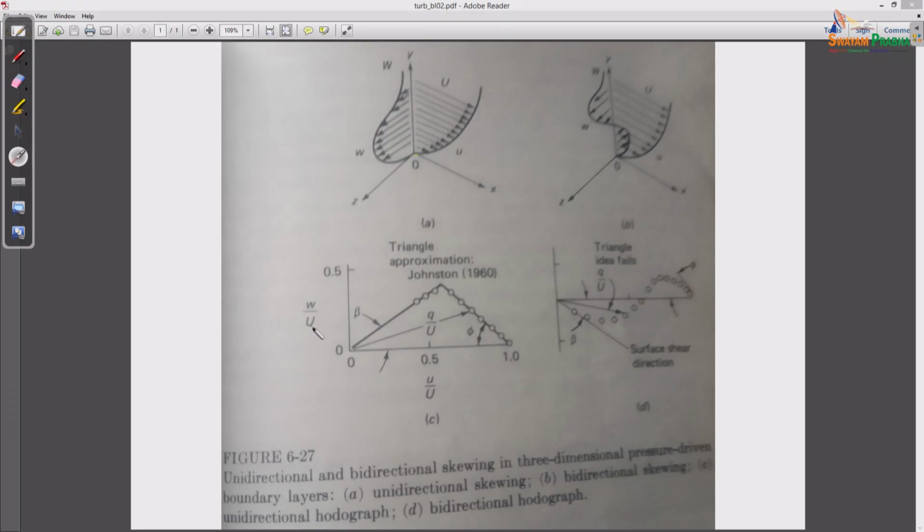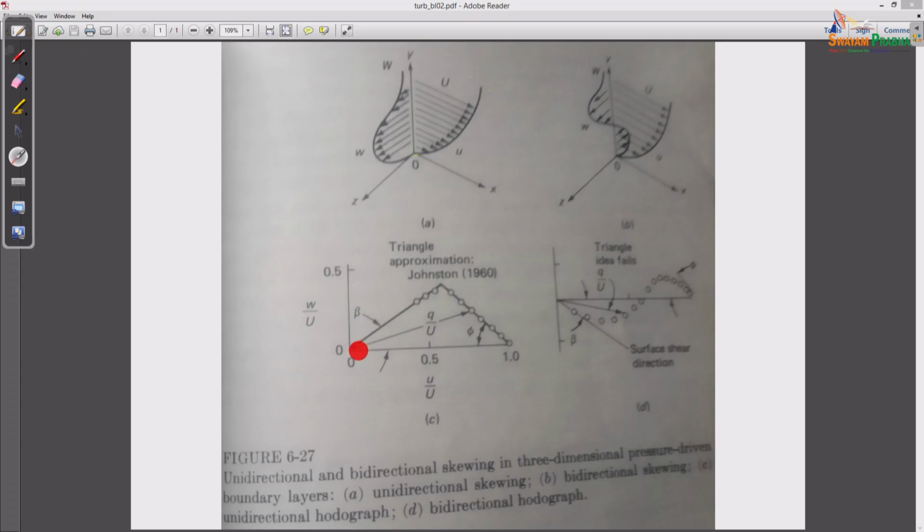This is W by W and this is U by U. Q is nothing but the resultant velocity, which is the square root of U squared plus W squared. So this would be the U vertex.